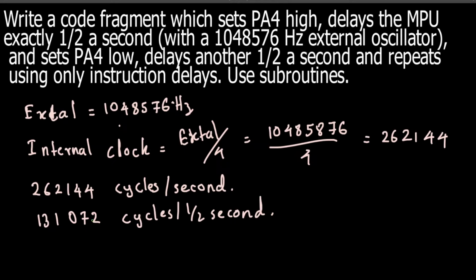Based on this information we are going to achieve our results, and this is the number of cycles we have to achieve. So in order to do that, we are going to create the program.